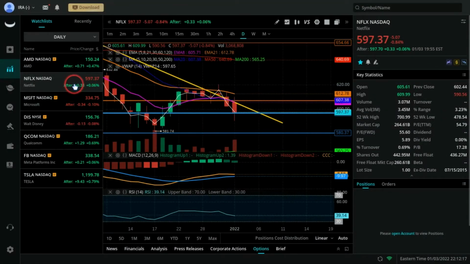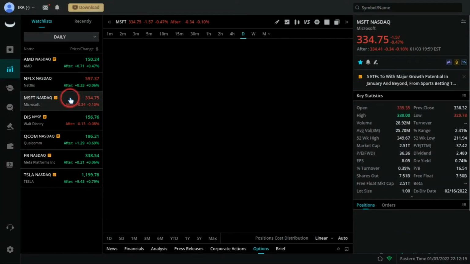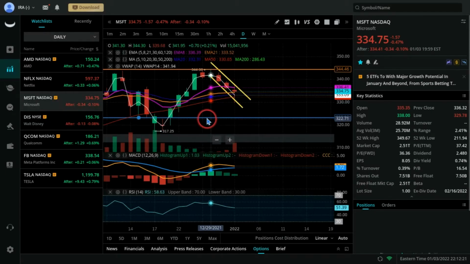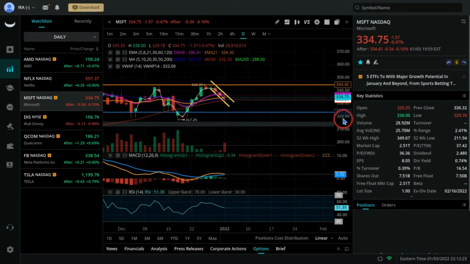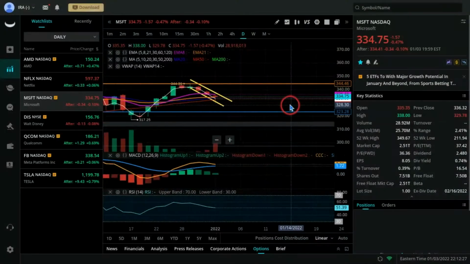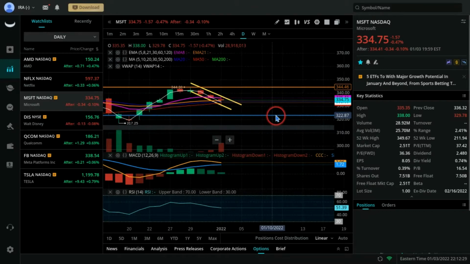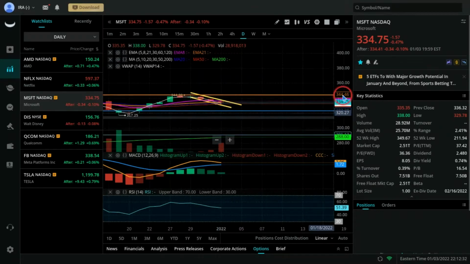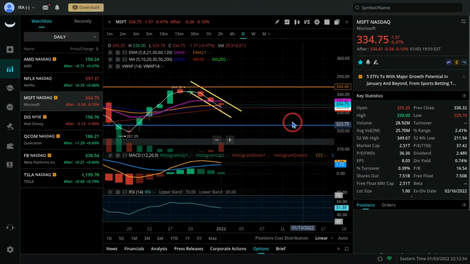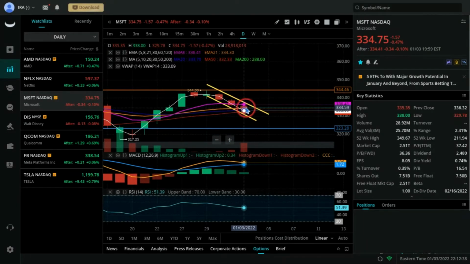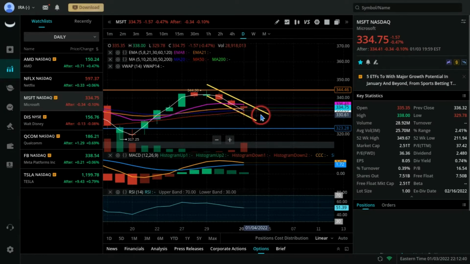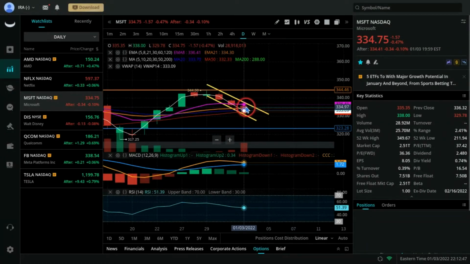Yeah, so I'll play that, and then for Microsoft, I'm playing this falling wedge. As you can see, today's candle was a doji, but it was more bullish.